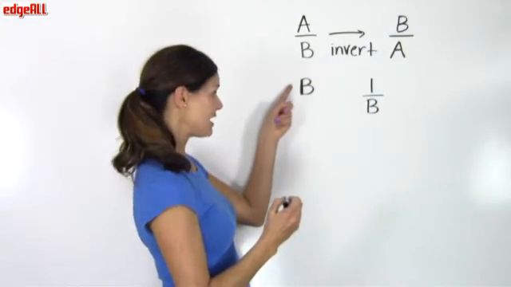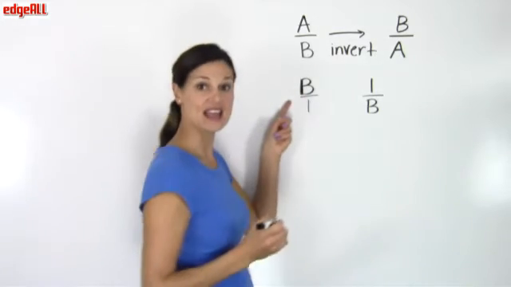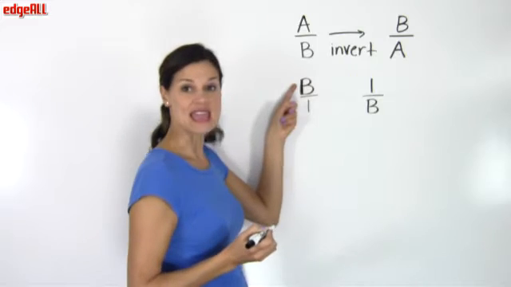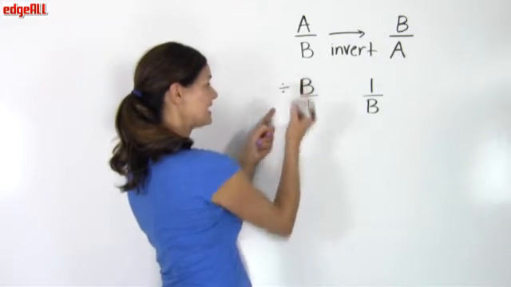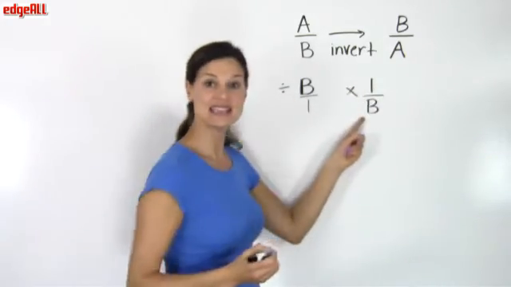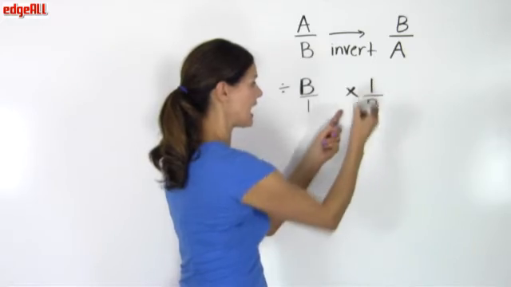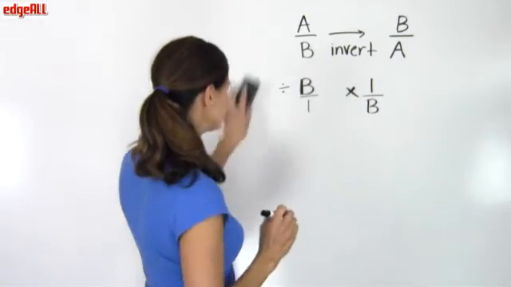So if I have a number, and you can imagine a little imaginary 1 under any number, if I have a number b, and I'm going to divide by b, it is the same as multiplying by its inverse, or multiplying by 1 over b. And we'll look at some examples of this.